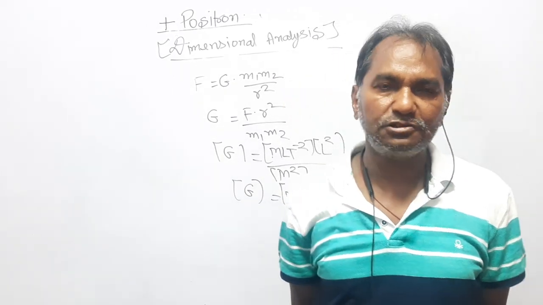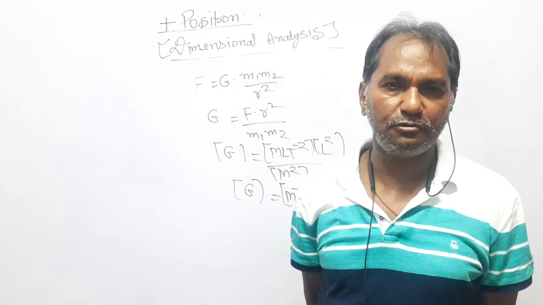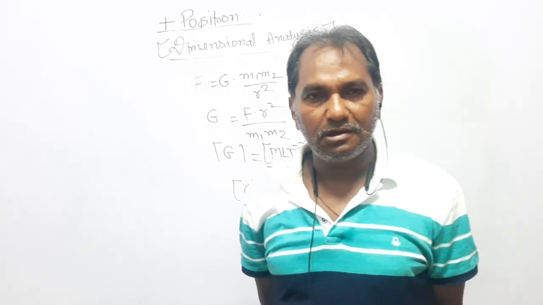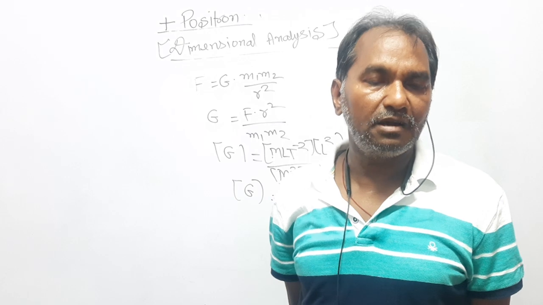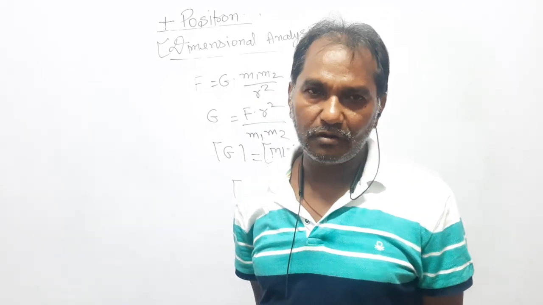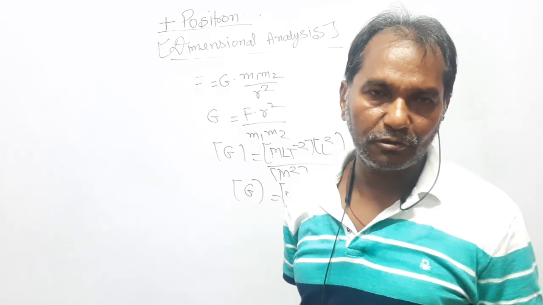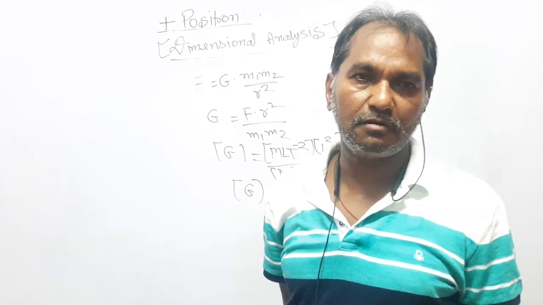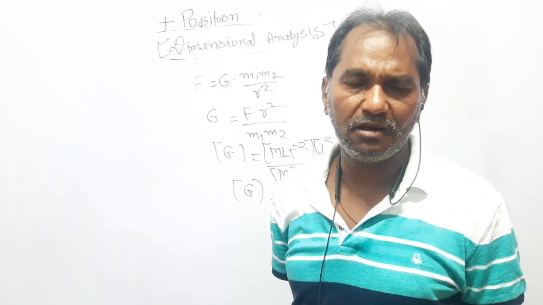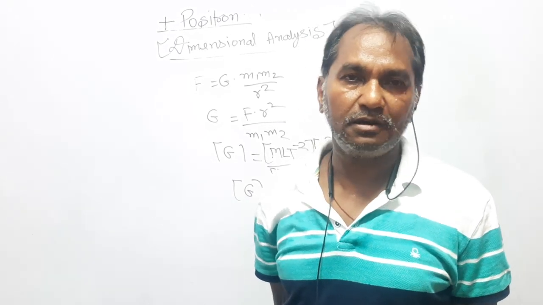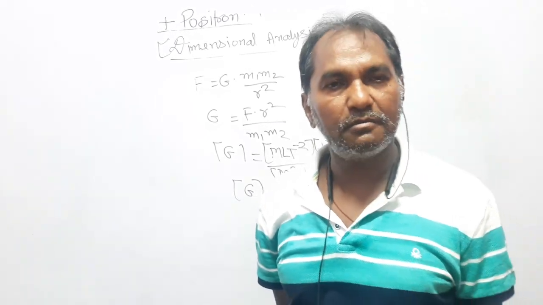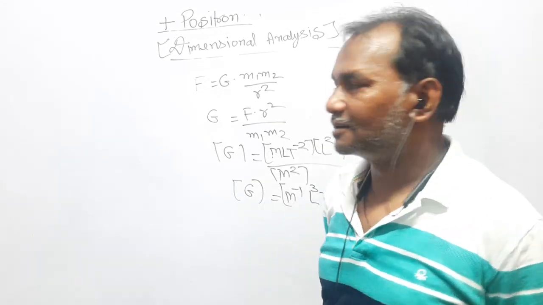There is linear motion and rotational motion, right? As you study linear momentum in linear motion, in rotational motion there will be angular momentum. In linear motion there will be mass; in rotational motion there will be moment of inertia. So when you become aware of new quantities, at the same moment we will find out the dimensions of those quantities.